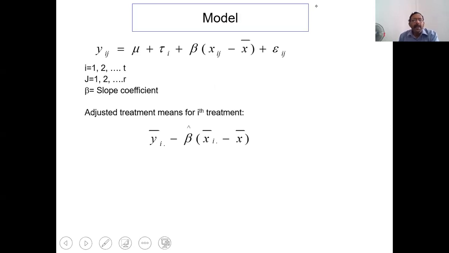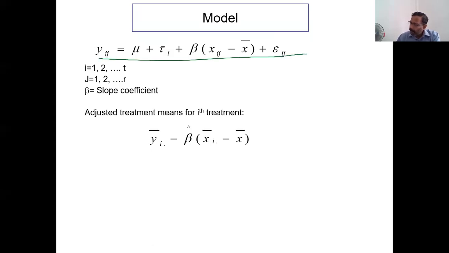Any questions? Right. So this is how we write down the model. Look at the model carefully.